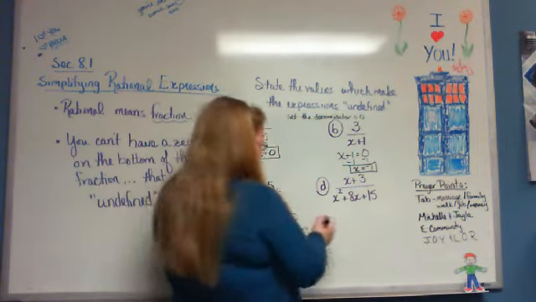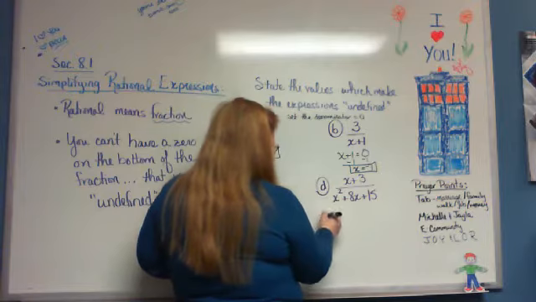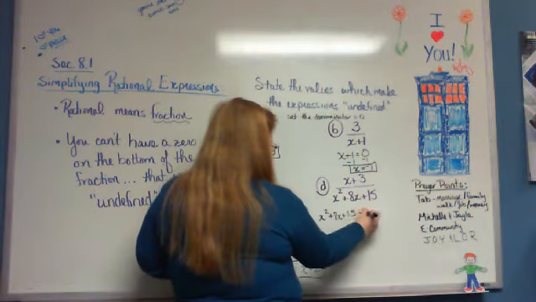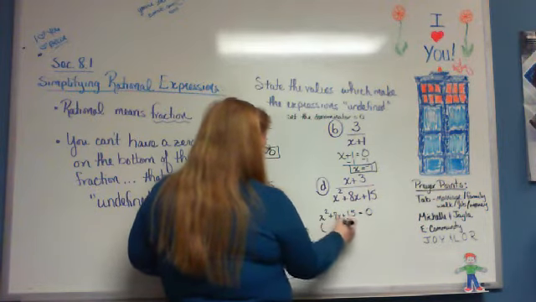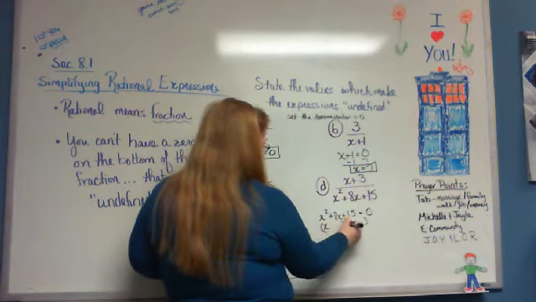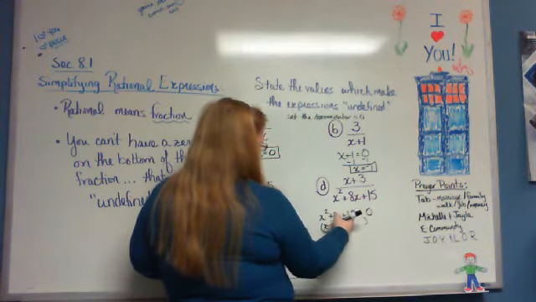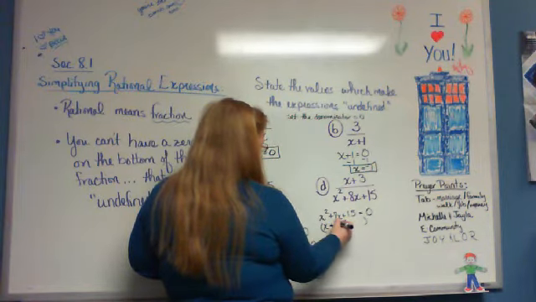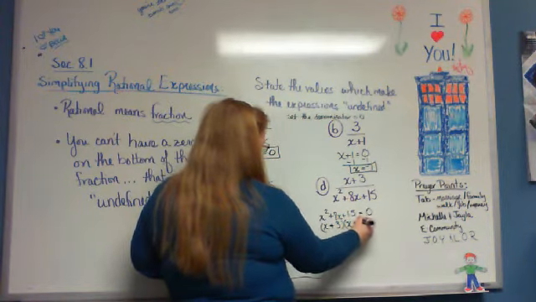For this one over here, you set the bottom equal to 0, just like before. Which means we're going to have to factor because of the square term. X and x, two things that multiply to give you 15 and add to give you 8. 3 and 5.